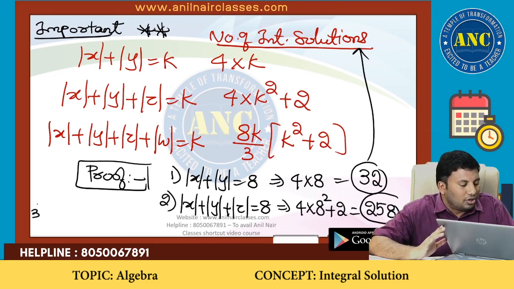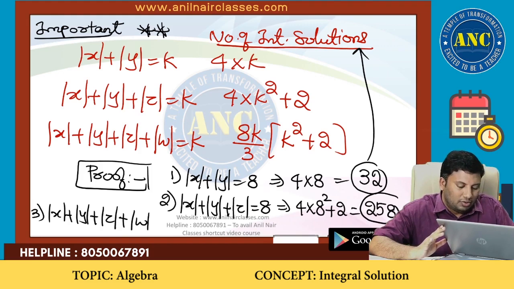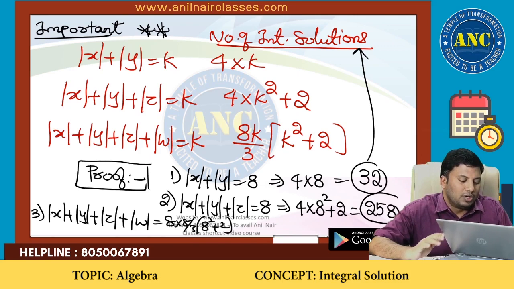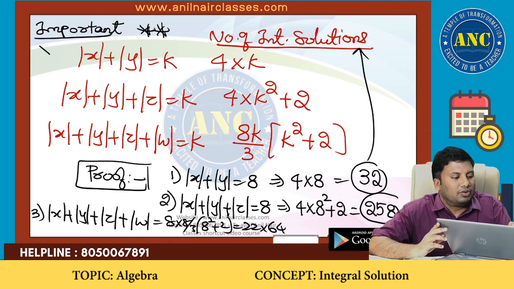Third one, you can also substitute it. |x| + |y| + |z| + |w| = 8: 8 into 8 by 3, 8² + 2, 64 plus 2, 66, 22 into 64. Directly you can write it.